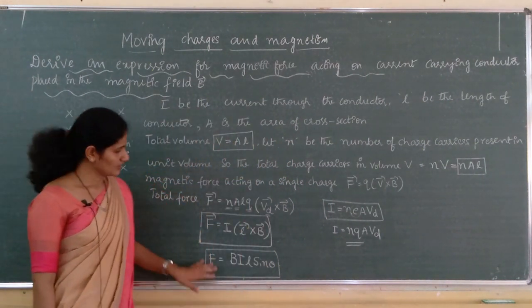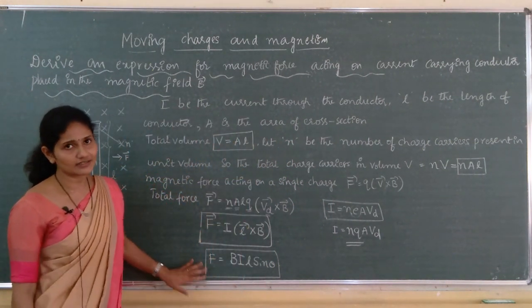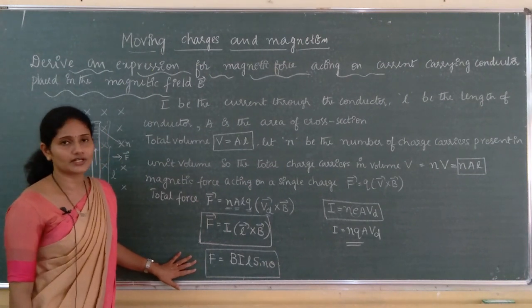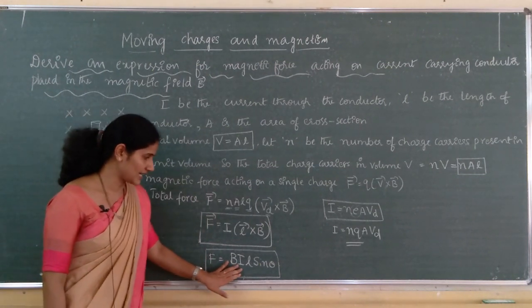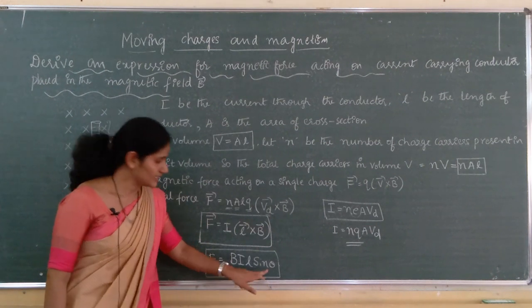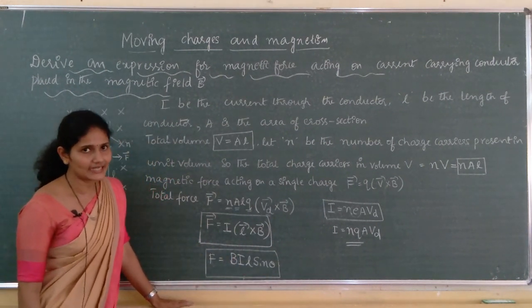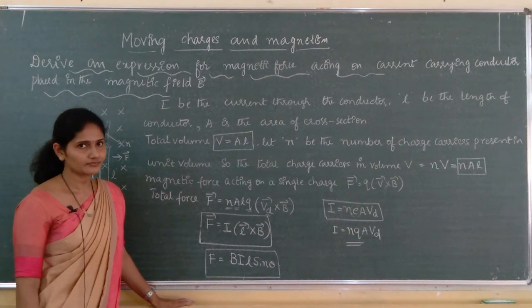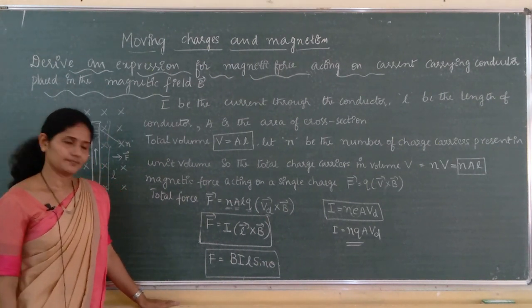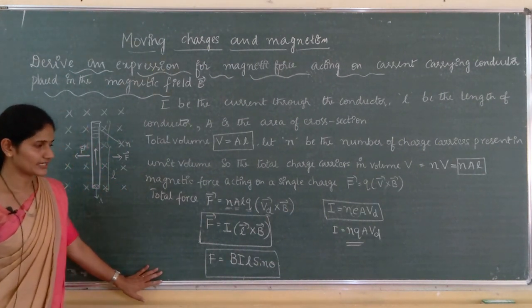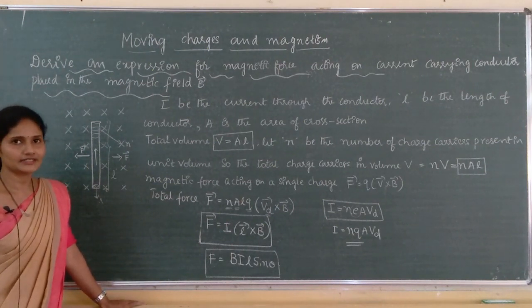In case of a current carrying conductor, the magnetic force acting on it is F is equal to BIL sin theta. Here, what is theta? Theta is the angle between I and B. So this is about the magnetic force on a current carrying conductor.